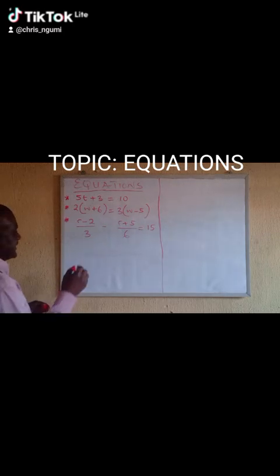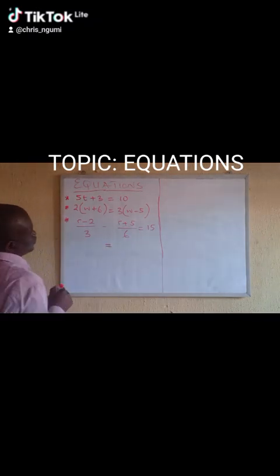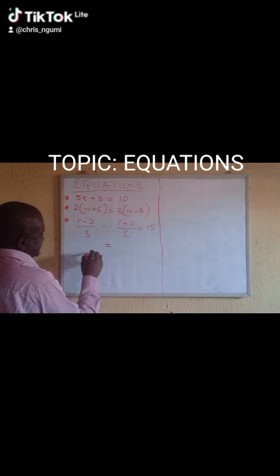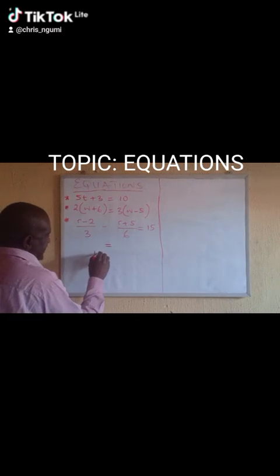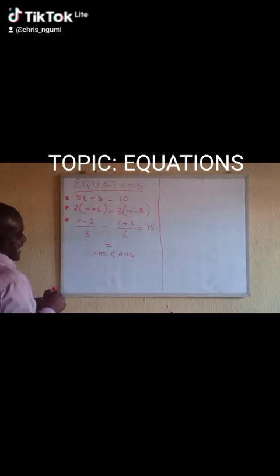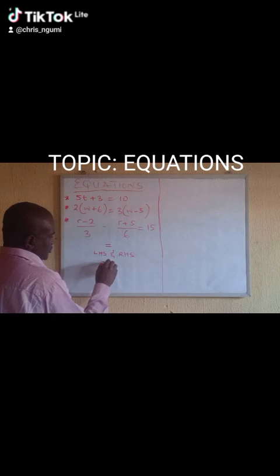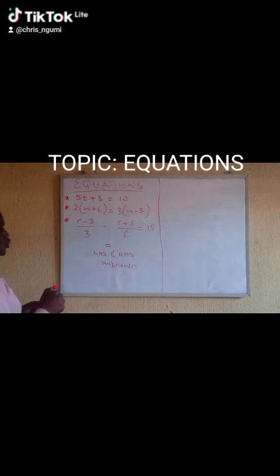The first ingredient is equals to. The second ingredient is left hand side and right hand side. The last ingredient is the unknown, which is the alphabet.